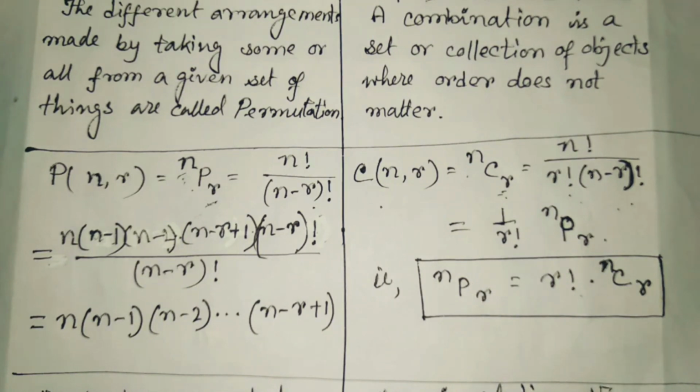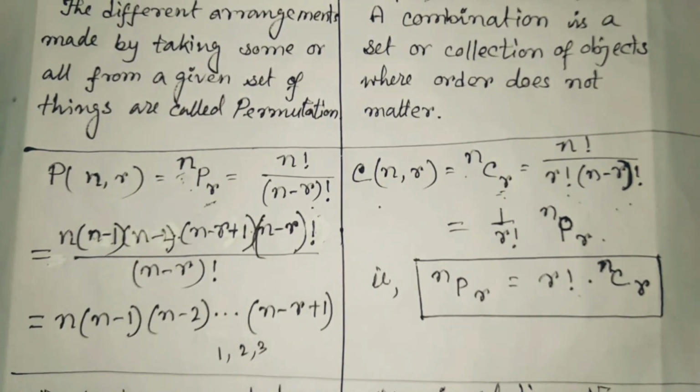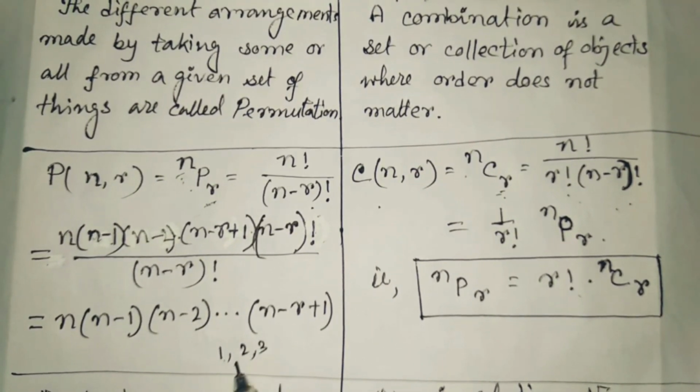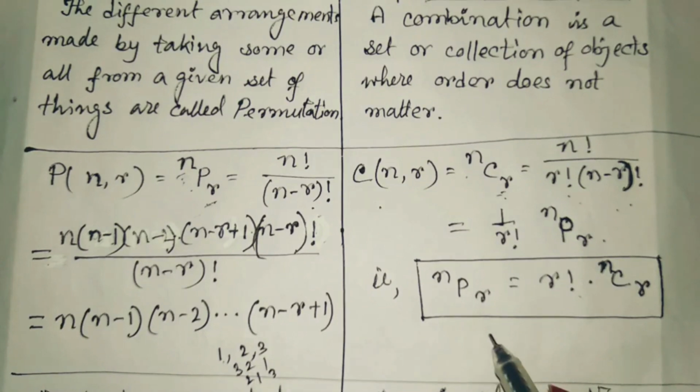But if we want to arrange 3 out of 10 students, we should first select 3, and after that we should arrange them. That means if there are 10 students and suppose students 1, 2 and 3 have been chosen, then 1, 2, 3, then 3, 2, 1, then 2, 1, 3. These are all different arrangements among these 3 students. So the choice alone is the combination, and after the choice, when we arrange them, it is the permutation.